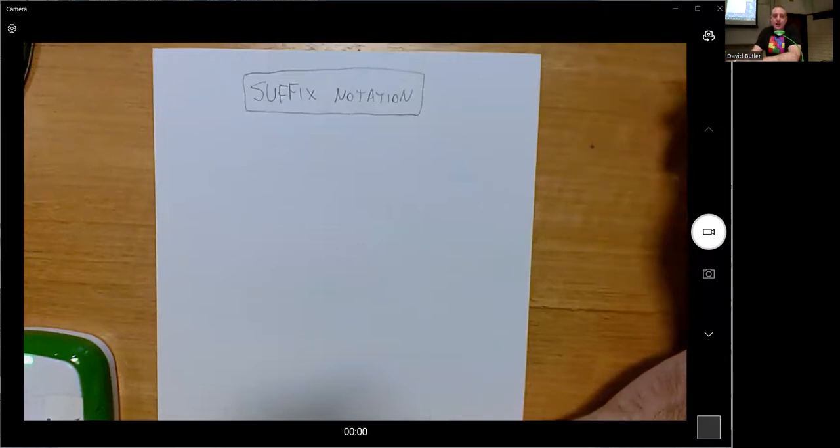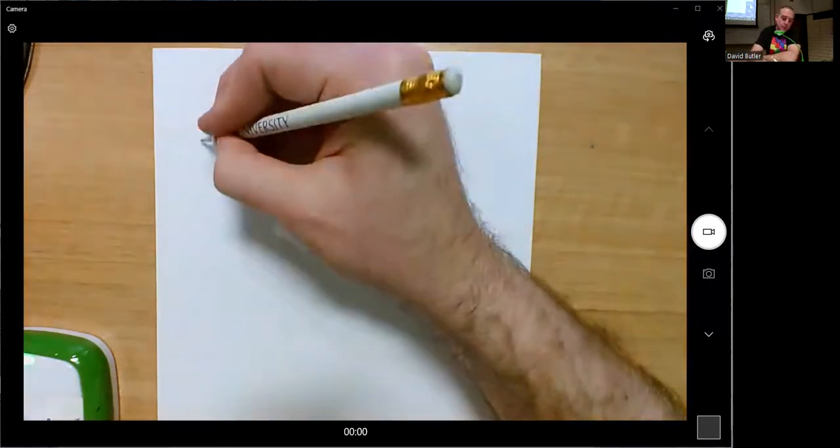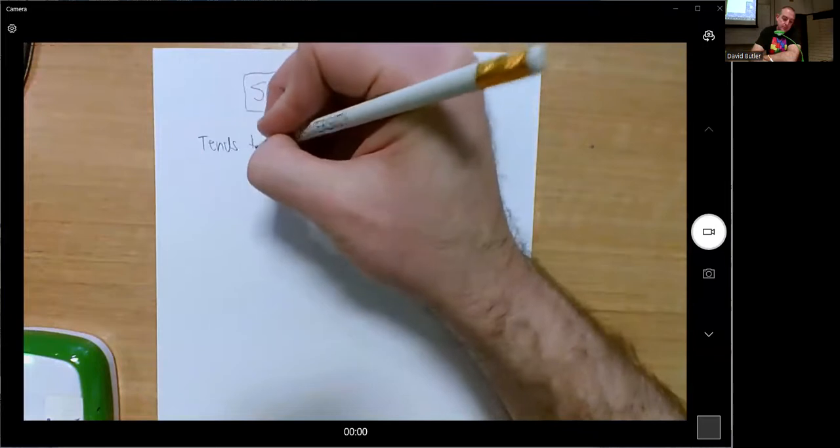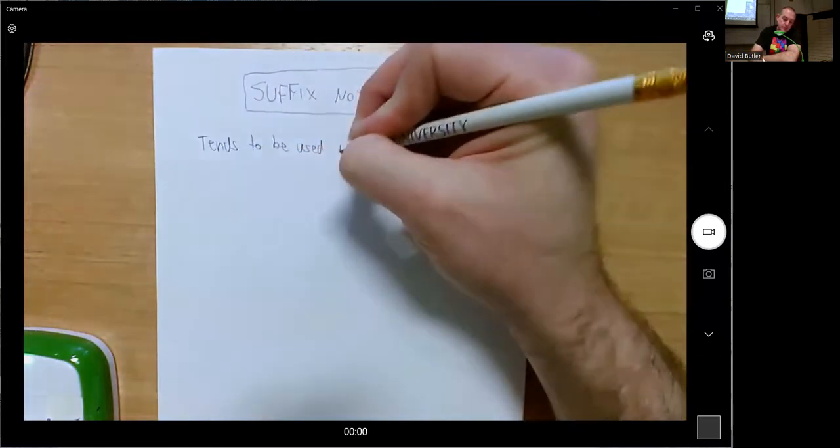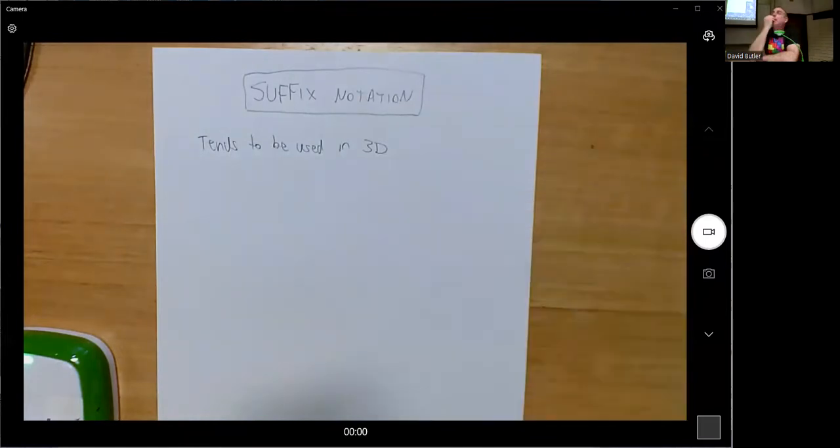So my first understanding of suffix notation is, as much as it is technically possible to use it in any number of dimensions, it tends to only be used in 3D. It borrows from the tradition in linear algebra of representing something like a matrix by a letter with subscripts to tell you what position you're in inside that thing.